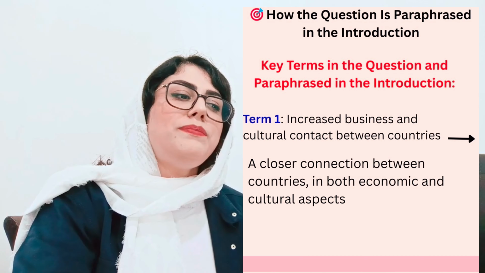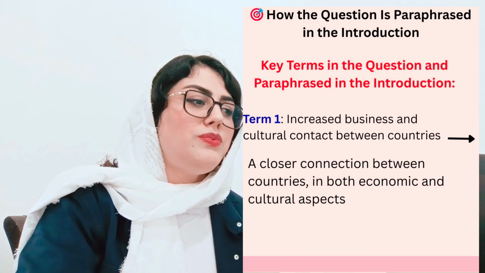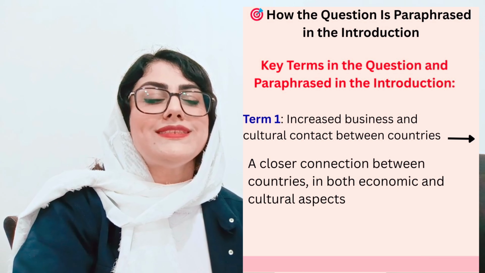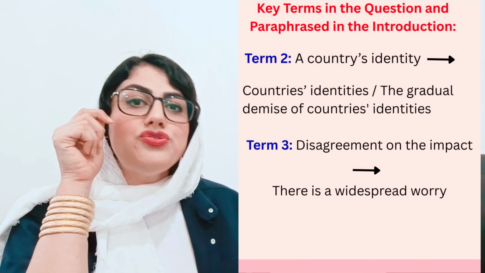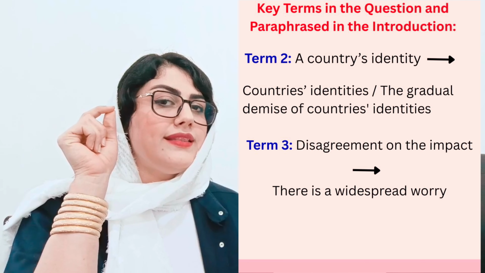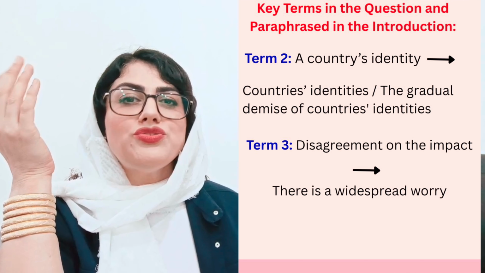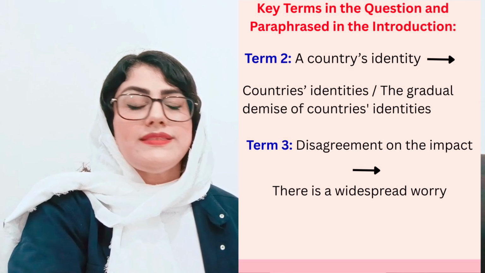This is smoothly paraphrased like this: a closer connection between countries in both economic and cultural aspects. The phrase, a country's identity: take a listen. A country's identity becomes countries' identities and is expanded to express concern over the gradual demise of those identities.